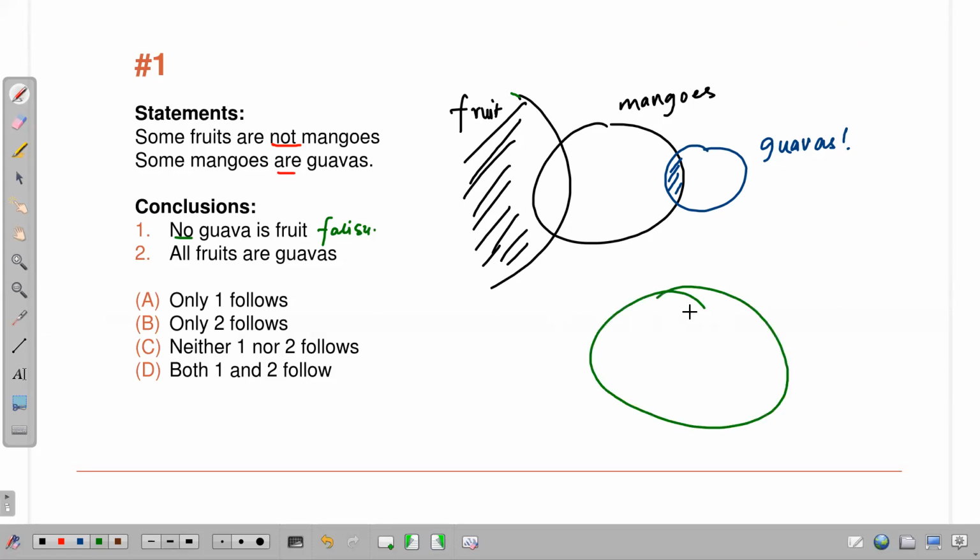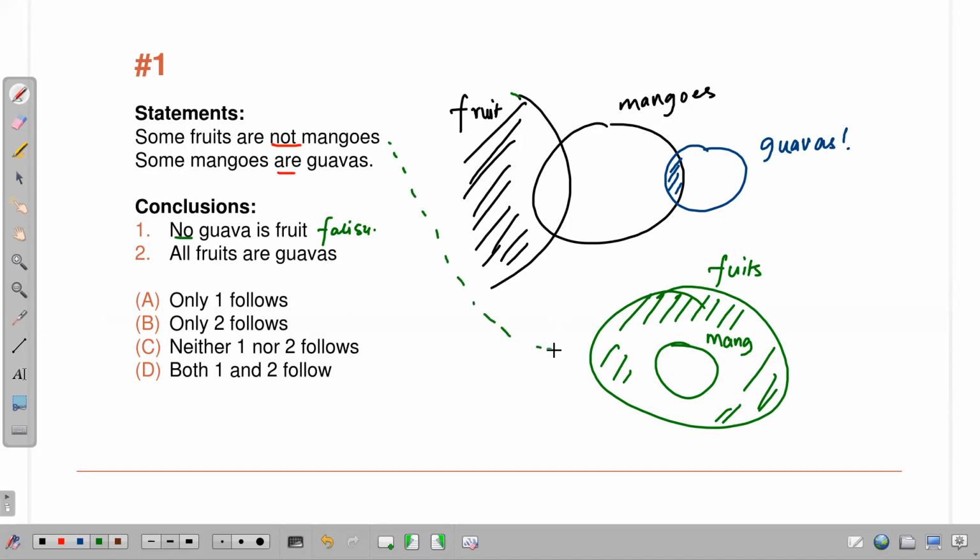Let's say this was my fruit and this was my mango, I could have said that all these are the fruits that are not mangoes. See, remember the first one? This is the MID, the maximum intersection diagram, for the first one. In this case, now I move to the second.